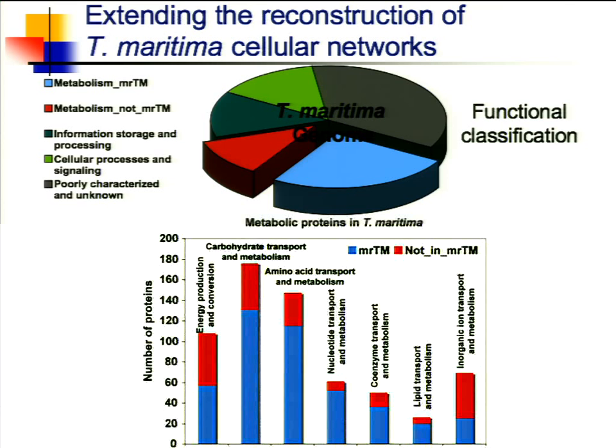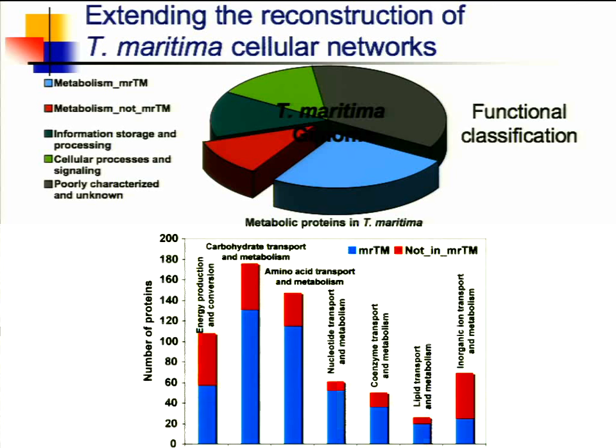If we take a closer look at the metabolic part of the Thermotoga maritima genome, we covered around 80% of the entire metabolic part, but the energy production and carbohydrate metabolism processes are less known today.